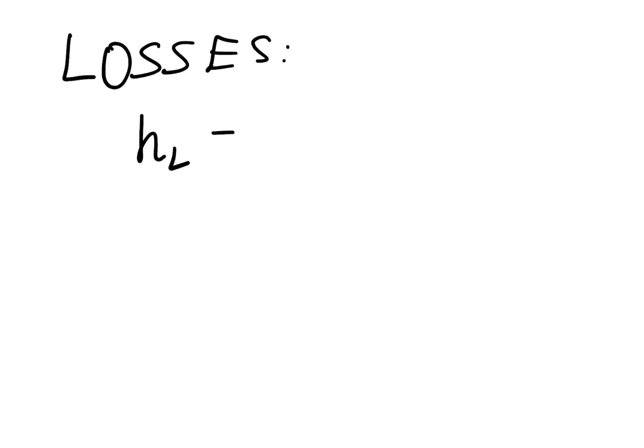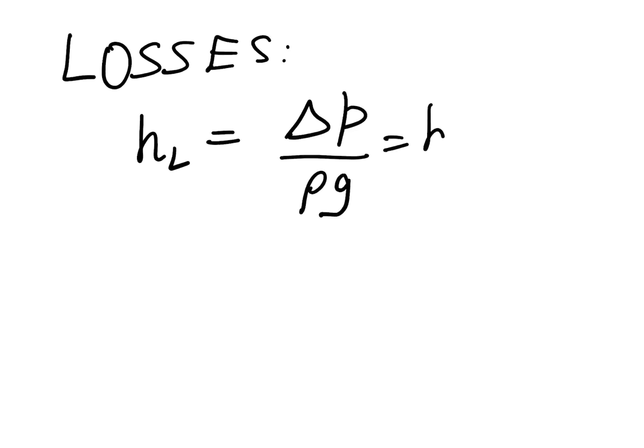So wrapping up our discussion about losses, we talk about HL, which is the total head loss, delta P divided by rho g. This is split into major loss and minor loss.